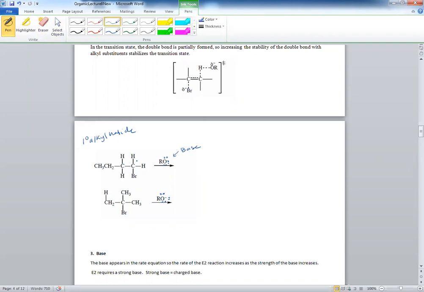So this is your alpha carbon. While here, you actually have a tertiary alkyl halide.